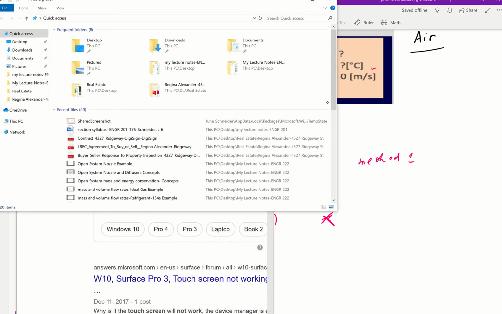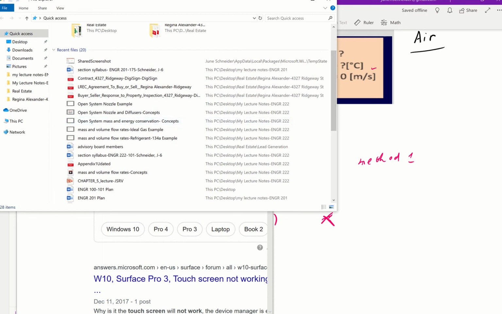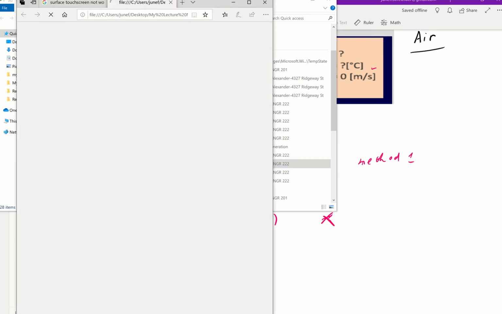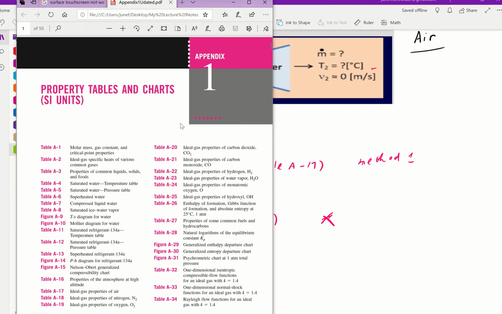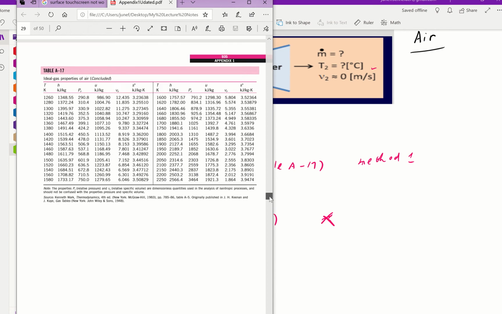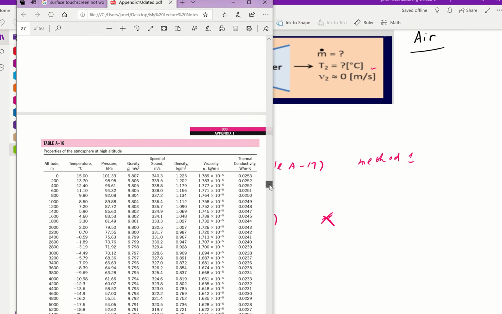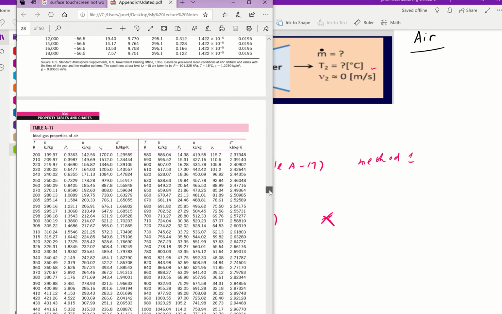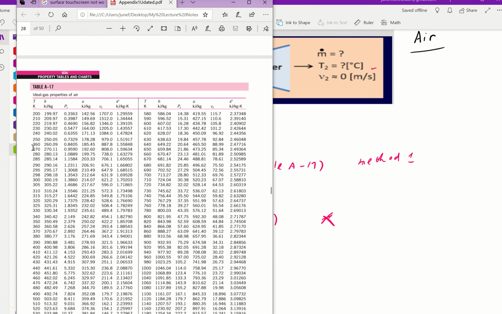Let me quickly get my table out. We're going to go to table A17, our ideal gas table for air, and we're at 283.